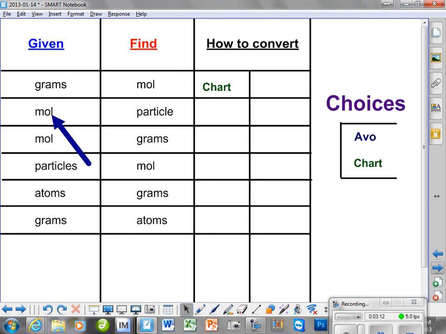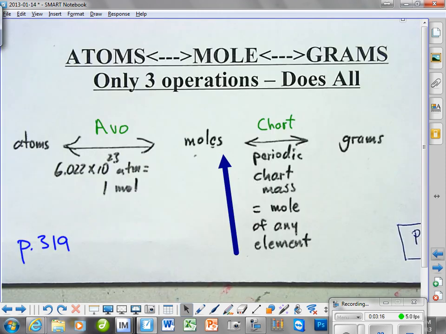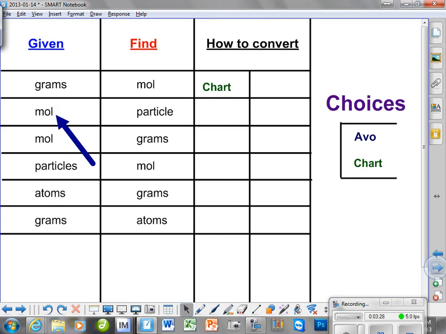All right, let's go back now and look at moles and particles. So moles are sitting here and particles are over here. The atoms are the particles. And there's only one step again. Only this time we're using the AVO number. Okay, so in this guy, all we need is AVO.